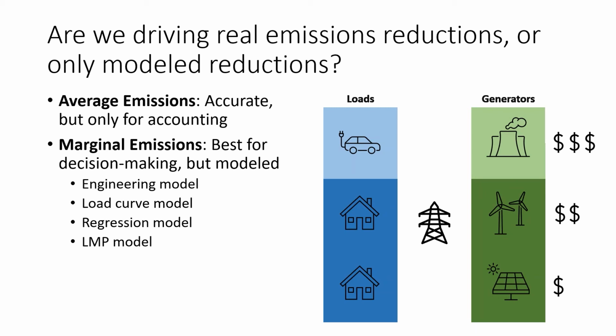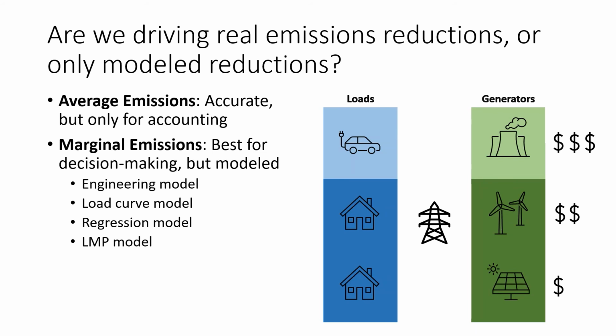And there's a fourth method based on LMP, or locational marginal prices, which are the wholesale market prices for electricity, which represent the marginal cost of generation. The theory behind this is that these LMPs represent marginal costs, which you could then use some calculations to translate into a marginal rate of emissions.